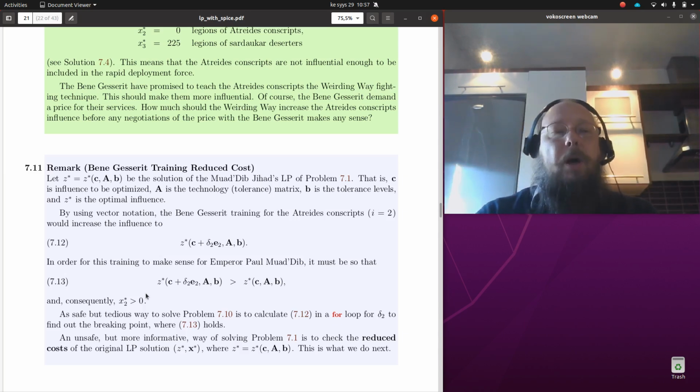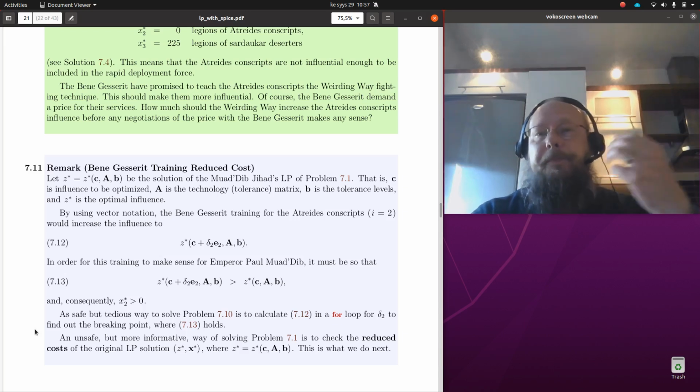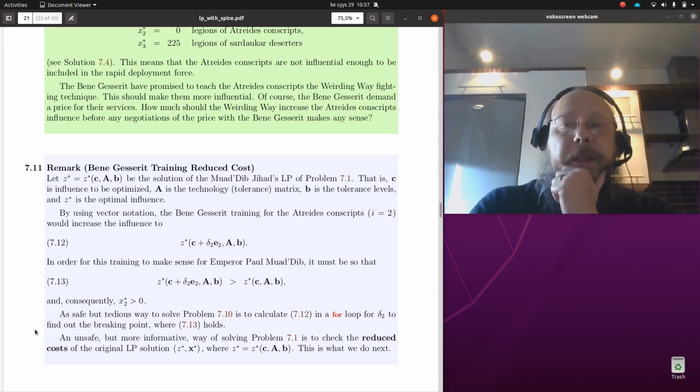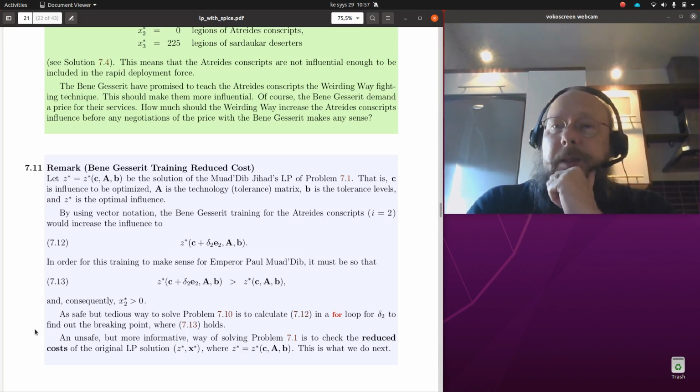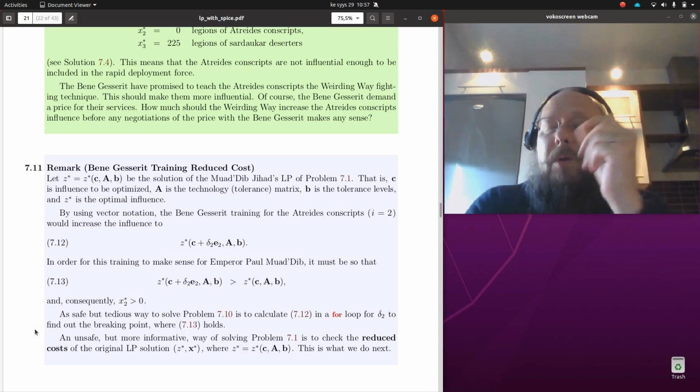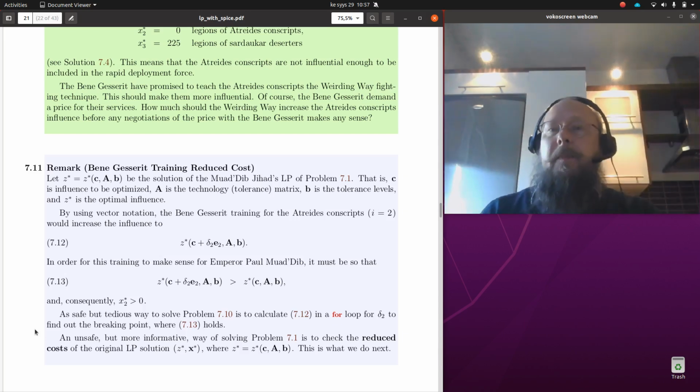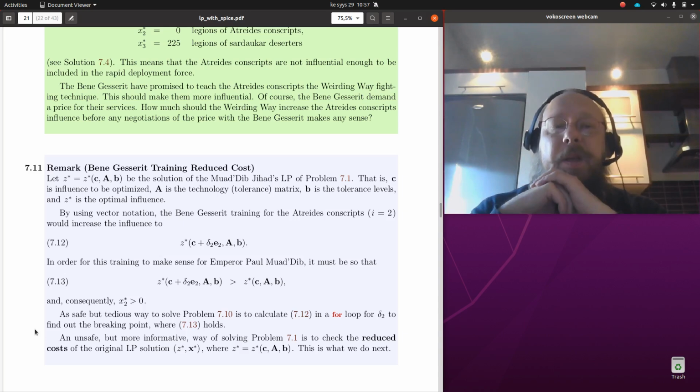So how much should delta 2 be? And now there are two ways of solving this, as we have learned in the case of shadow prices, the lambdas, that if the change is small compared to the whole thing, then we can just read them there. A similar thing is true here.